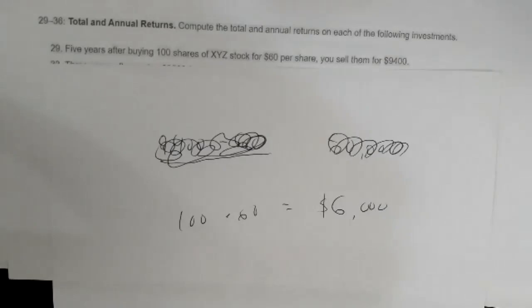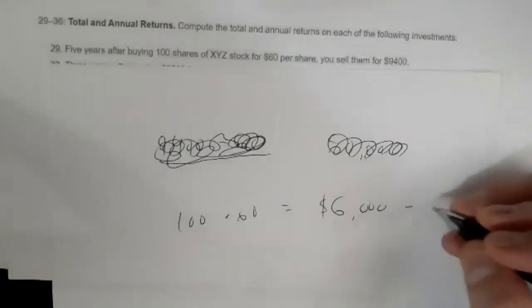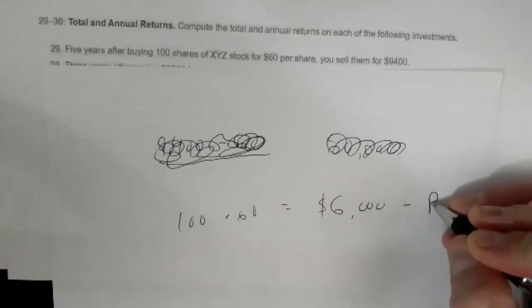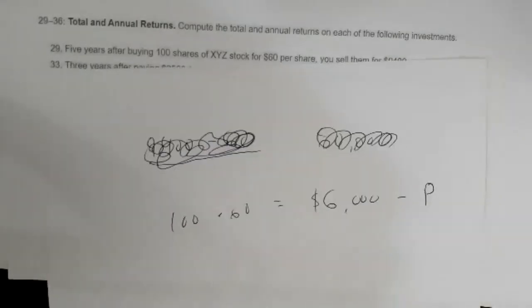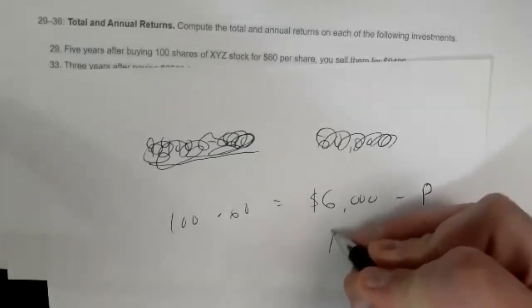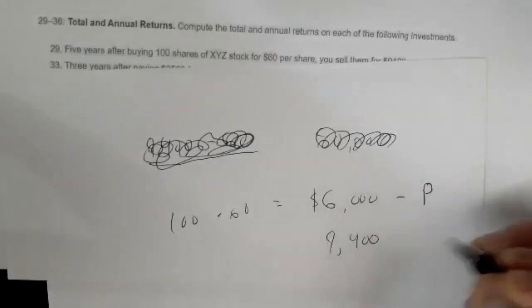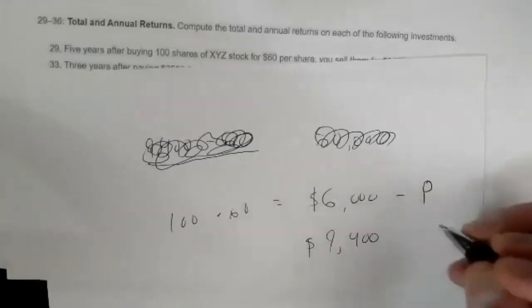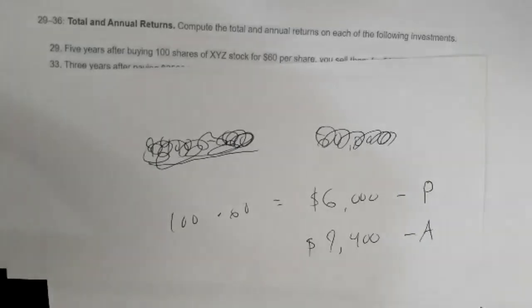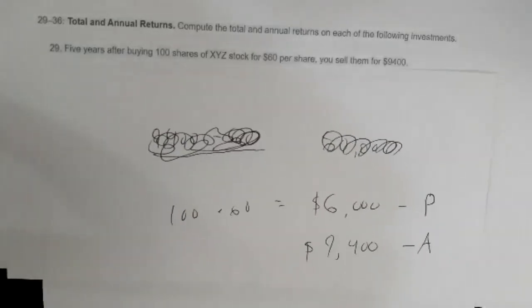That makes more sense, yes. And so this is our starting amount, or our principal balance that we're starting off with. And then they go to what? They're selling all 100 shares for 94. I think that's what the problem's trying to say. They're saying it kind of weird.